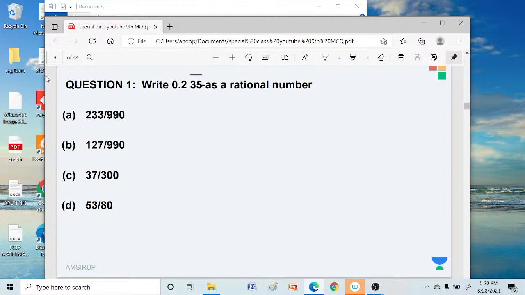If any one of you would like to try, you can comment in the chat with the answer. Let me tell you how it could be done.